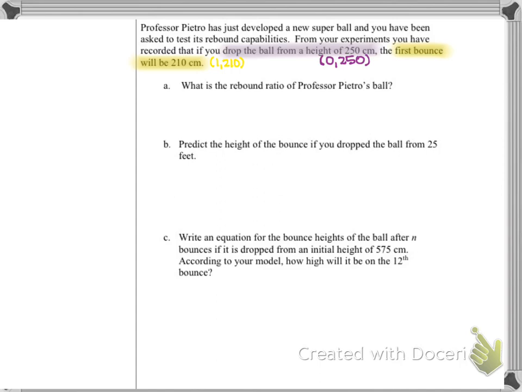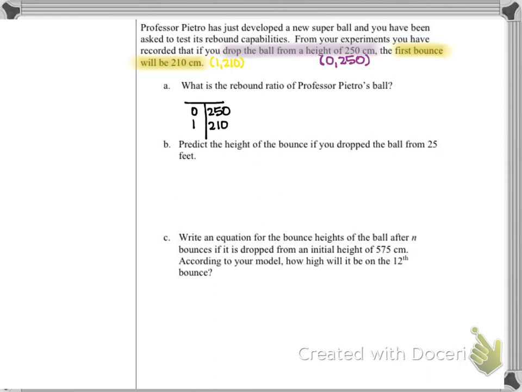So we have 2 points here. One of the ways that we set this up originally was to set up a table for ourselves. If we want to figure out the rebound ratio, on part A, I set up a table here. I would do 0, 250, and then 1, 210.